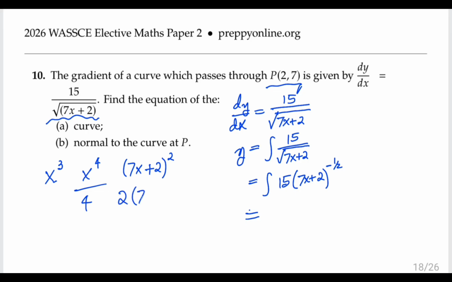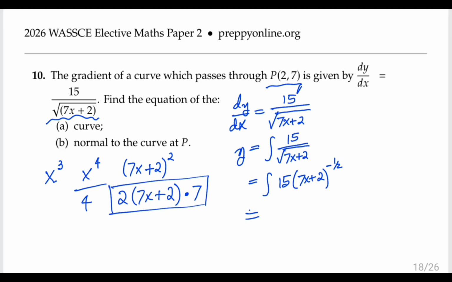You first treat what is in the brackets as one variable, differentiate like this, and then you multiply by the derivative of what's inside the brackets. So you multiply everything by 7.